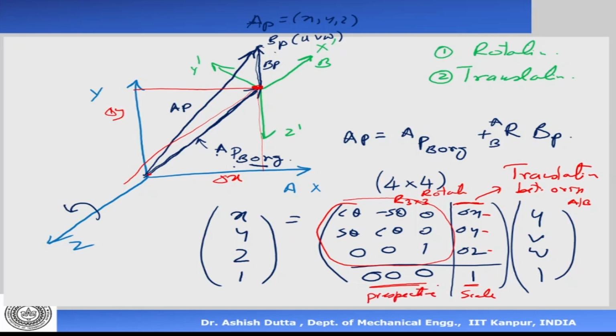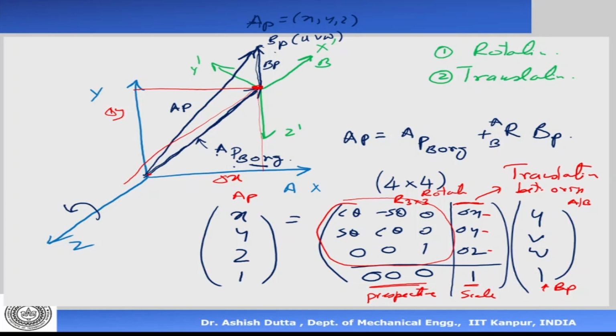This is my coordinates in frame A, AP, and this is my coordinate in frame B, which is BP. So what we see here is that this 4x4 matrix considers the rotation and the translation between two frames.